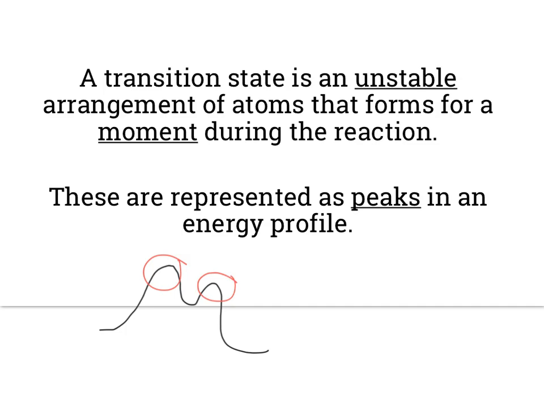They're not stable enough to actually be labeled. They're unstable. They're a transition state, which means a state in between others. Now, you can actually see the bottom ones, but transition states you can't see. Again, though, they are represented by the top part. So this, by the way, has two transition states.